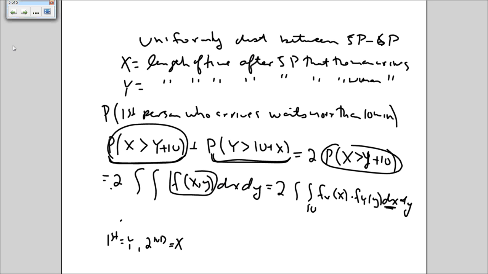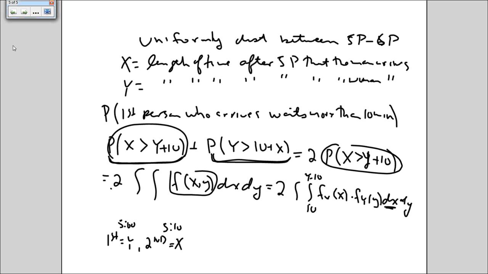If y came at exactly 5 o'clock, x could have come at 5:10, or 5:20, or 5:30. Now, what's the upper limit? Well, whatever y is, x had to be at least 10 less.